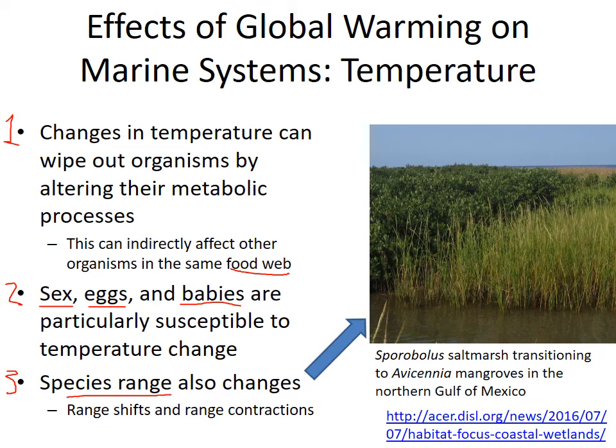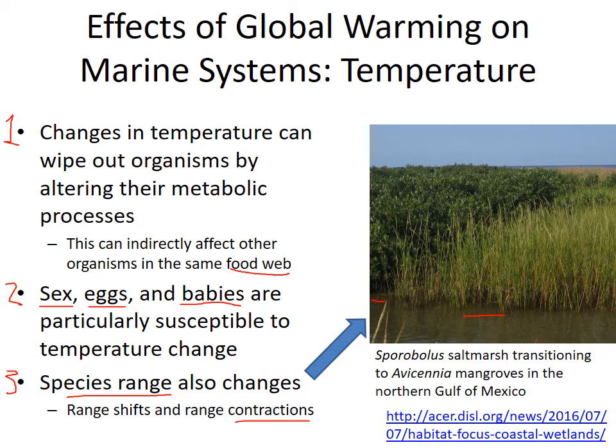Species that were found in cool areas may experience habitat range contractions. Basically, there's less cool area than there used to be, so their range is shrinking, whereas species that are found in warm tropical habitats might actually be expanding their range. And that is something that we're seeing in a lot of areas of the world where there is a salt marsh to mangrove transition. Mangroves dominate in tropical habitats and salt marshes in temperate habitats.